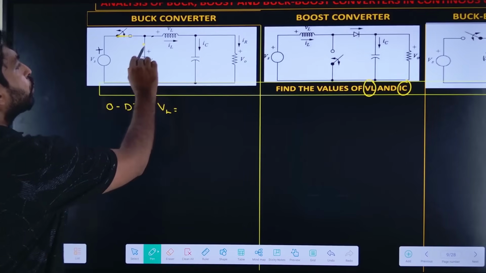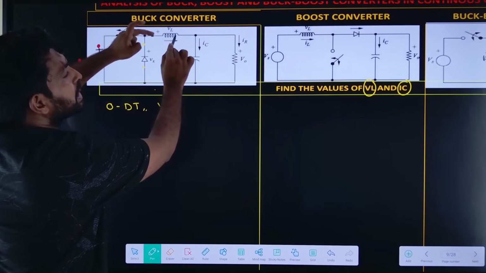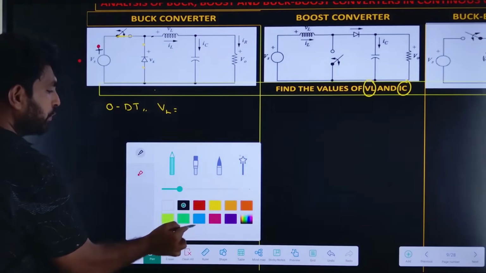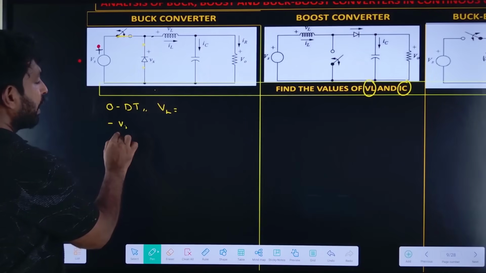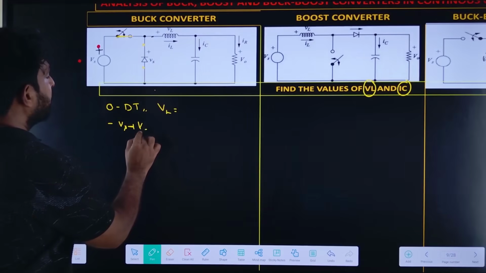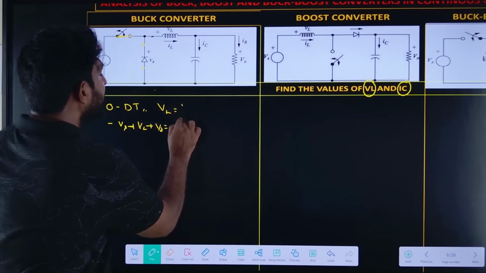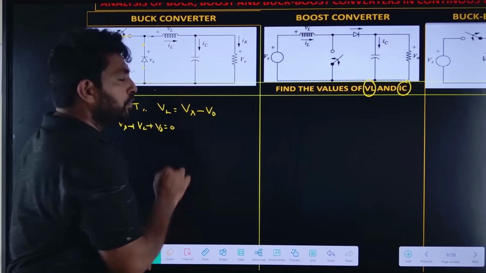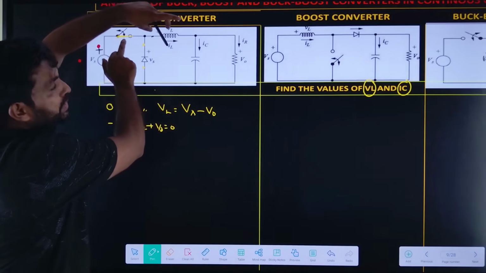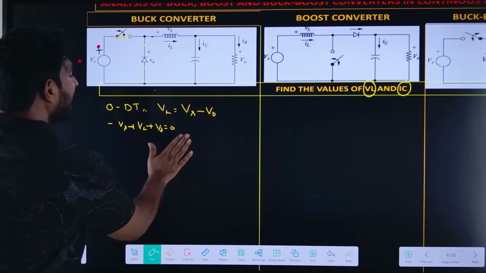If I apply KVL in that loop, minus Vs plus VL plus V naught equal to 0, which gives VL equal to Vs minus V naught. So the voltage across the inductance when the switch is closed is Vs minus V naught. Now let me find the IC.